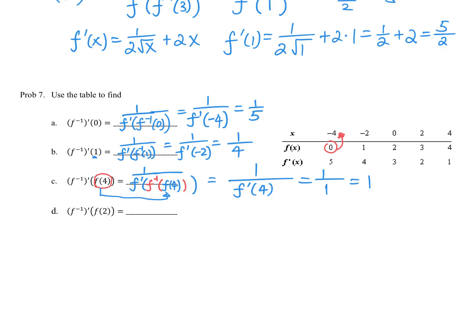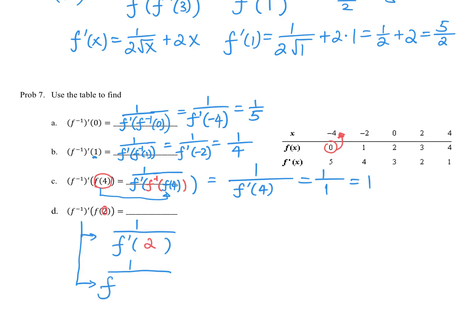Now similarly, the very last one will be 1 over f prime of the 2, okay? And if you get lost here, I'm going to convince you by using the theorem directly.